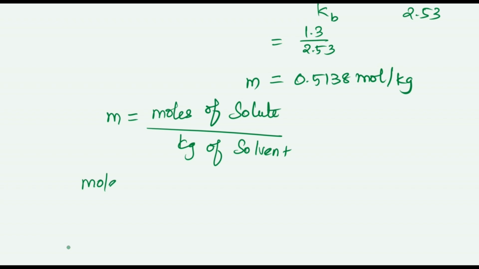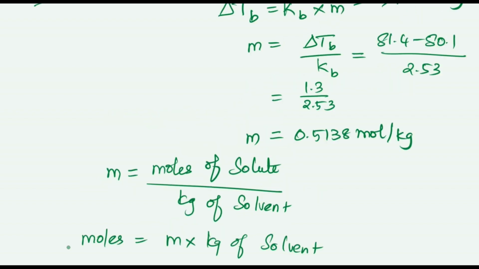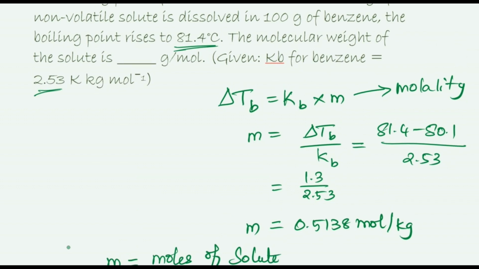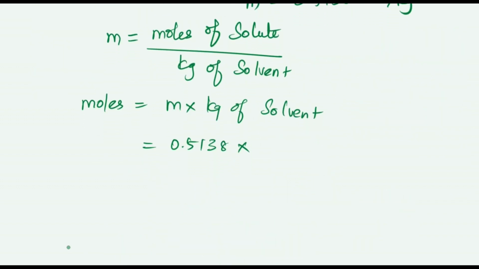So moles, taking one side, is m into kilograms of solvent. We are just going to substitute the m value, 0.5138 into 100 grams of benzene, so that will become 0.1 kilogram.